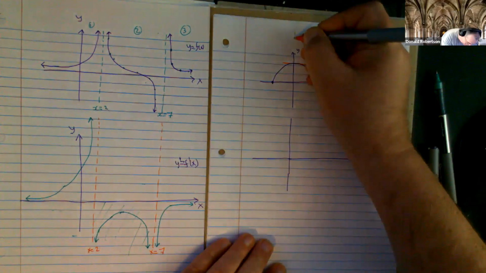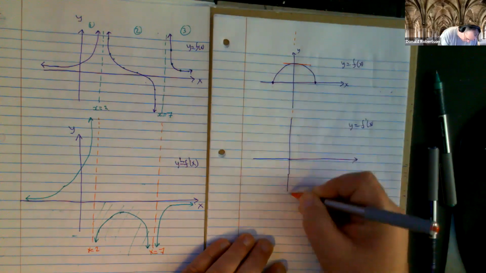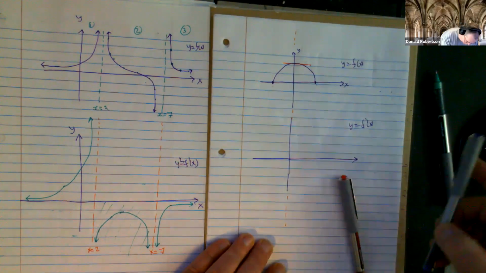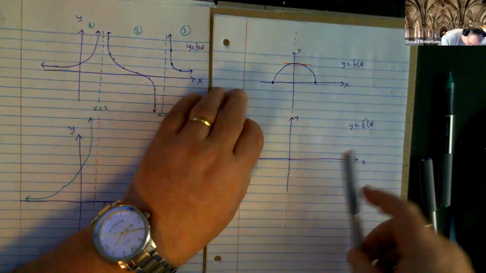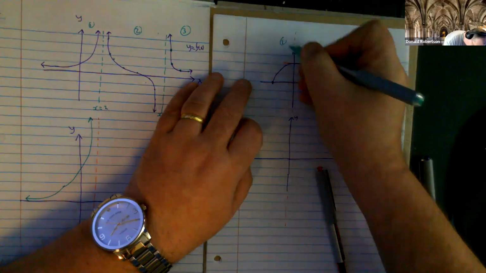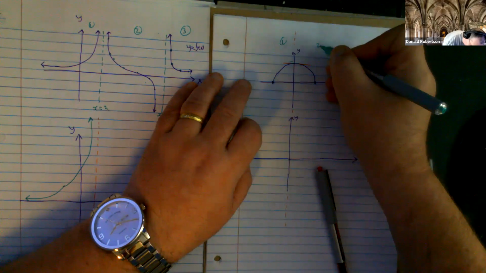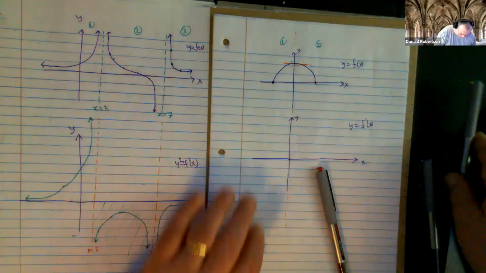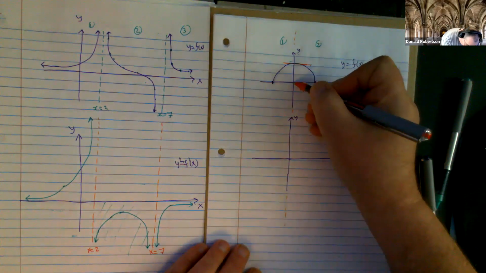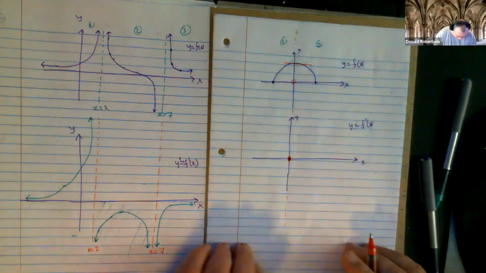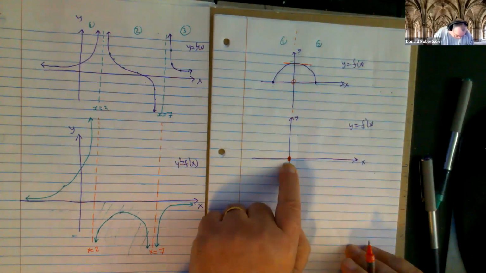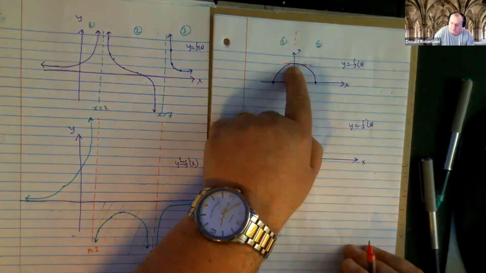So that splits this shape into two distinct regions. Region 1 is this piece of the curve. Region 2, this piece of the curve. And I know right there at x equals 0, the derivative is 0. So that's what the dot is. The value of the derivative is nothing there.